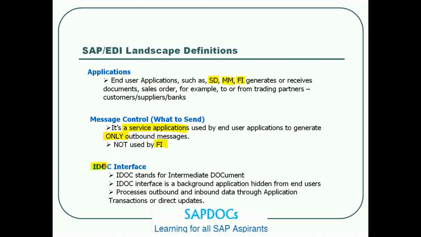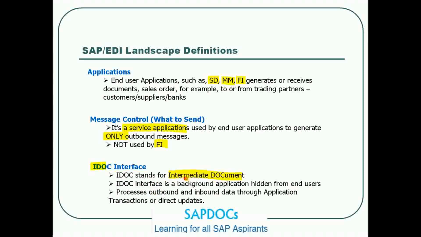IDOC interface. IDOC stands for Intermediate Document. This IDOC interface is a background application which is hidden from the end users. This interface processes outbound and inbound data through application transactions or direct updates.